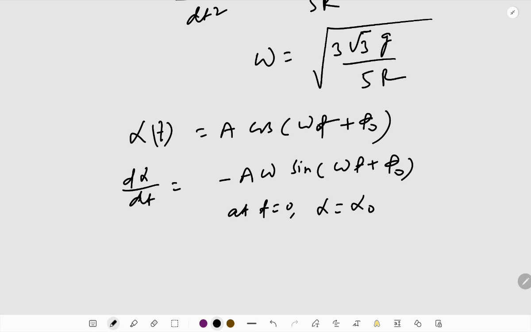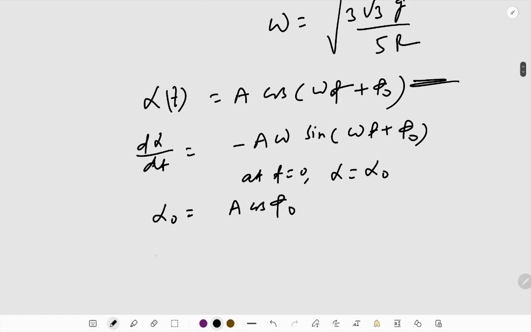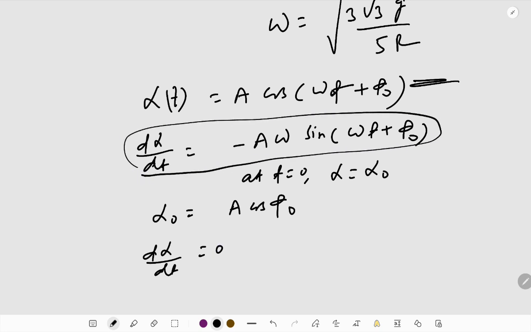If you put it in this equation, you will simply get alpha naught equal to a cos phi naught, and d alpha by dt was initially 0. So you can put t equals 0, d alpha by dt equal to 0, in this equation, and it will give you 0 equals minus a omega sine phi naught, that is, sine phi naught equal to 0.